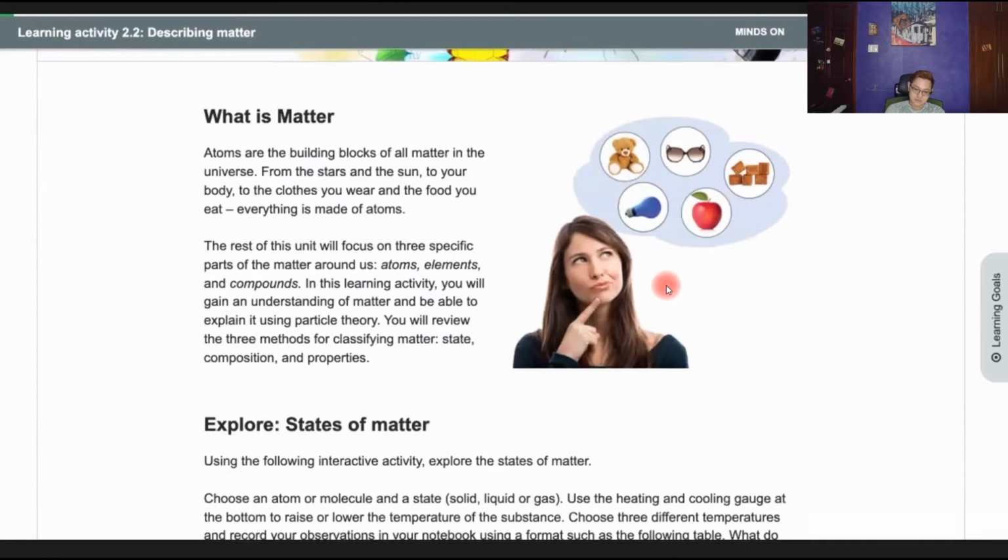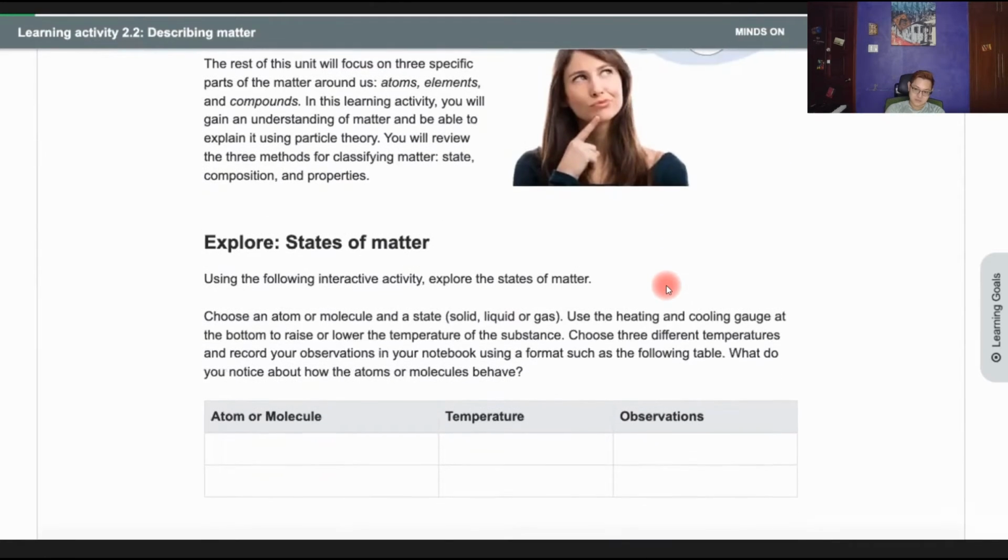Explore the state of matter. Using the following interactive activity, explore the state of matter. Choose an atom or molecule and a state: solid, liquid, or gas. Use the heating and cooling gauge at the bottom to raise or lower the temperature of the substance.